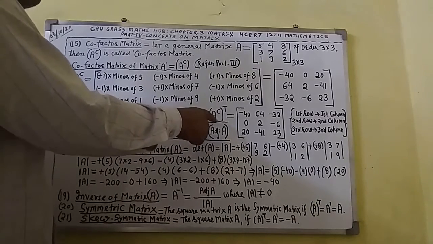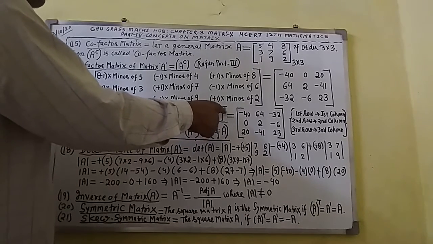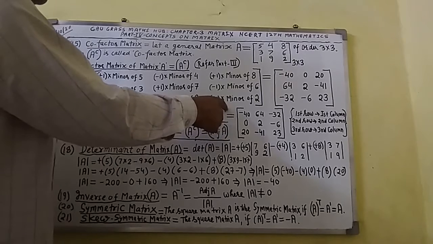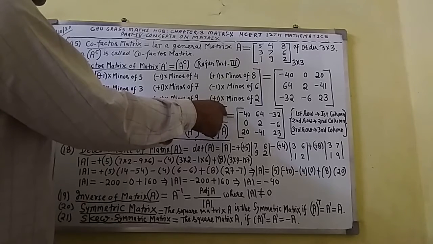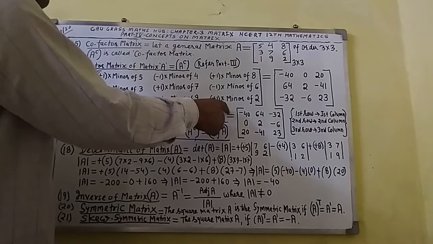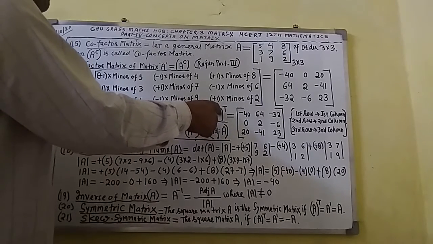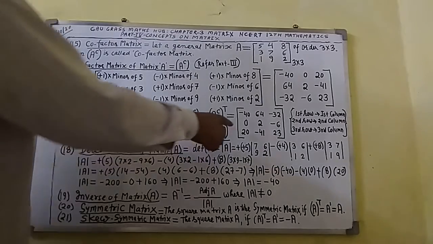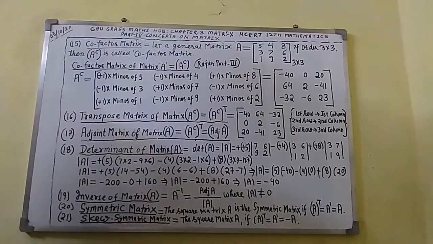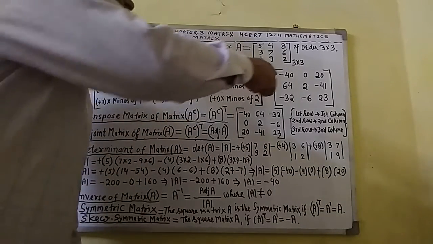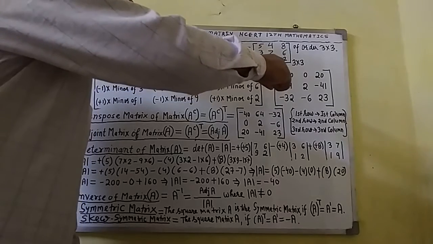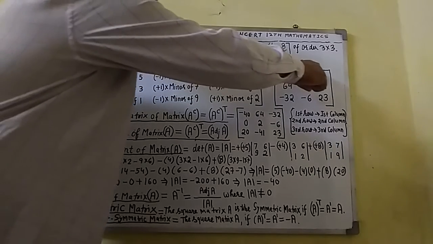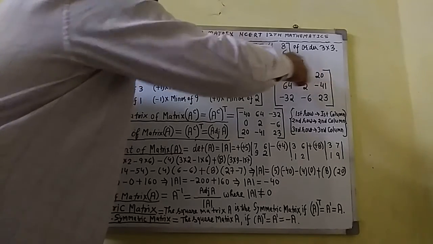This is the notation of transpose. T means transpose. Capital T means transpose. Transpose of cofactor matrix equal to. Here you can see in the cofactor matrix, the first row is this one.